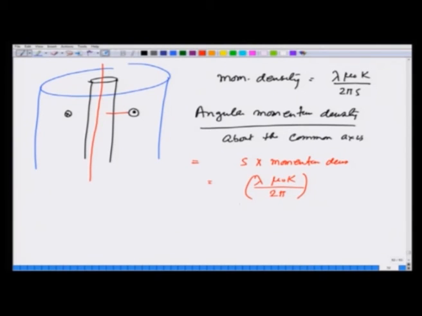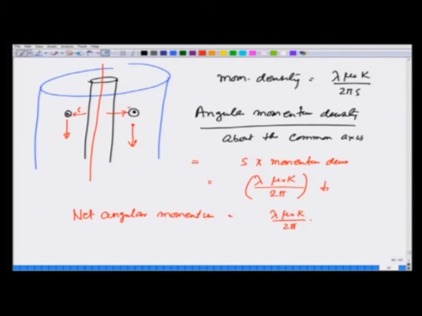Okay. How about the net angular momentum content? So, net at this point, the direction of the angular momentum density is pointing down, because this is S cross k is pointing down. On this side also, this is S cross k is pointing down, all right. So, net angular momentum therefore is going to be lambda mu 0 k over 2 pi.